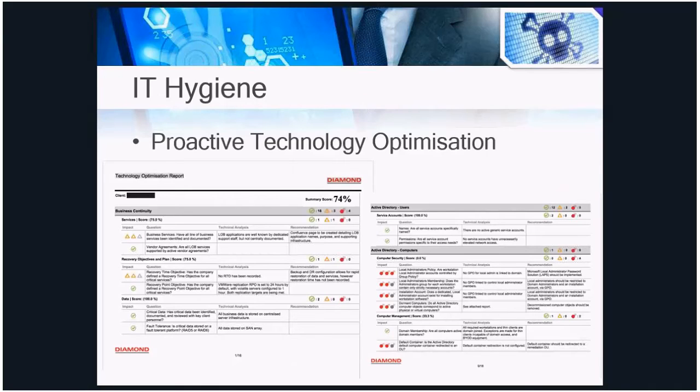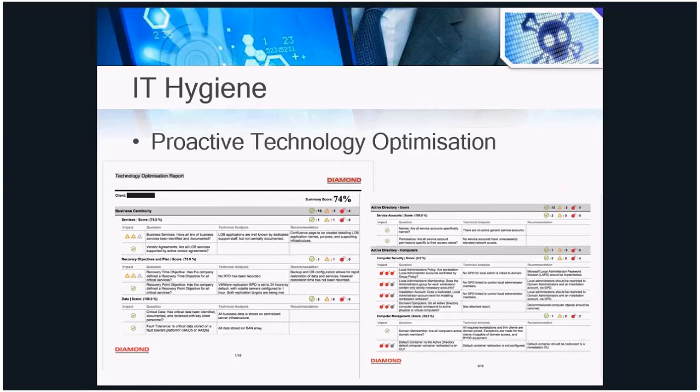Again, just to quickly touch on what we call our proactive technology optimization. If we look back to the past, often what happened is a server, once it was installed, was pretty much left as it was. It was maintained and there were patches installed, but beyond that, the configuration of the system really wasn't changed or touched.